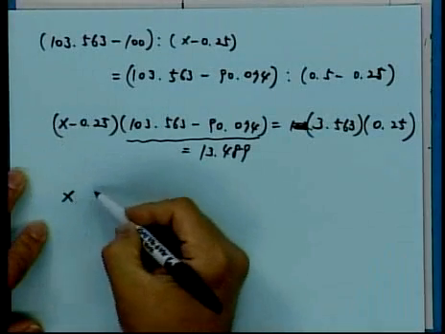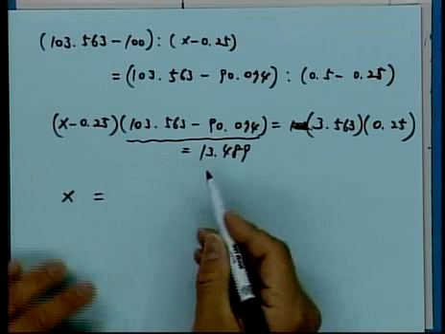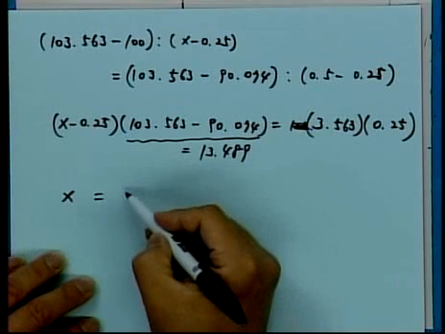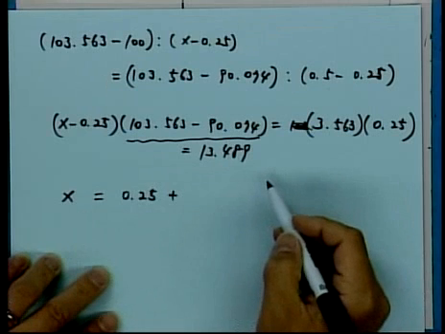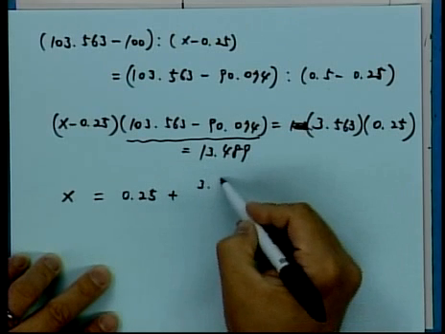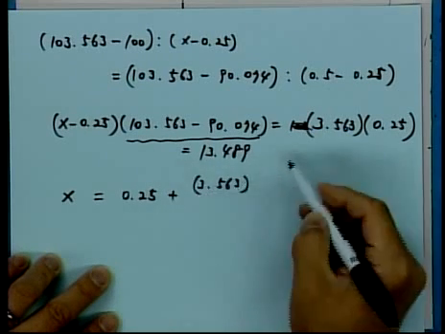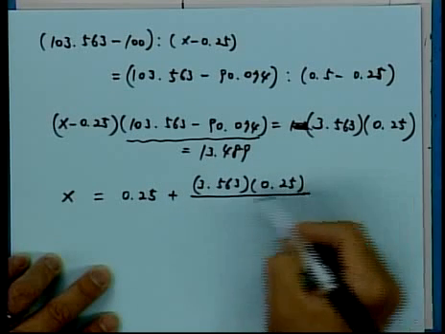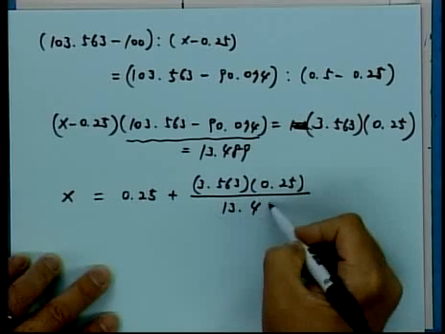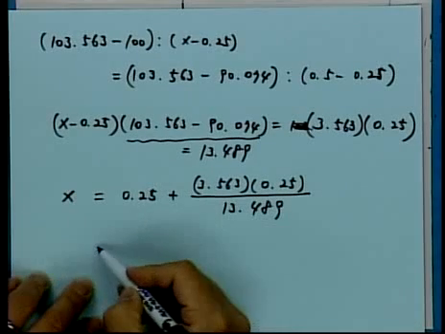So x equals 0.25 plus 3.563 times 0.25 divided by 13.489. So how much is this?